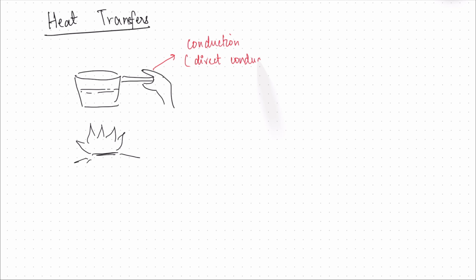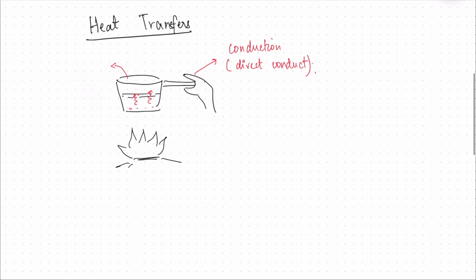And the heat with which the water molecules at the bottom move towards the surface is called convection. So convection is the transfer of heat through fluids like liquid or gas, all those are fluids.